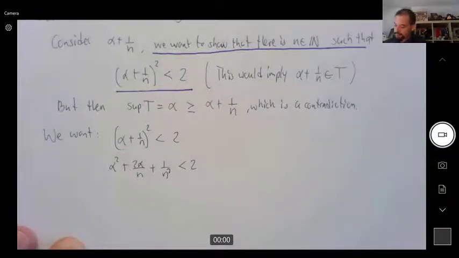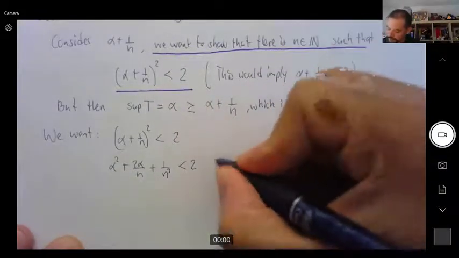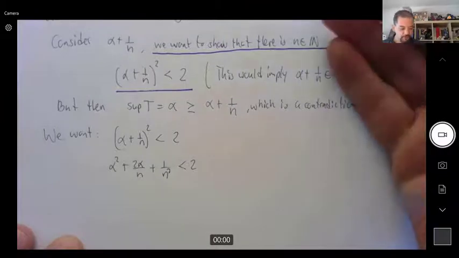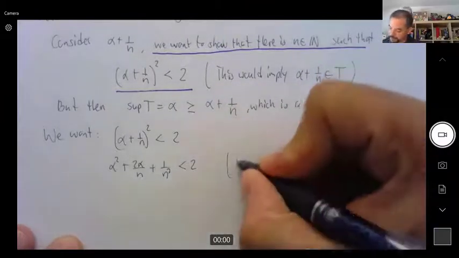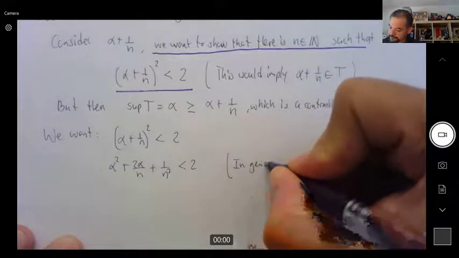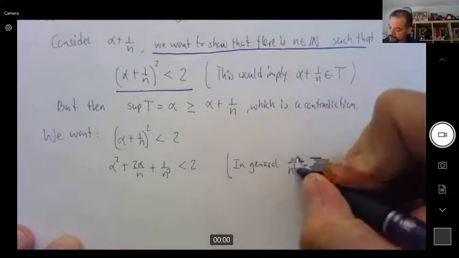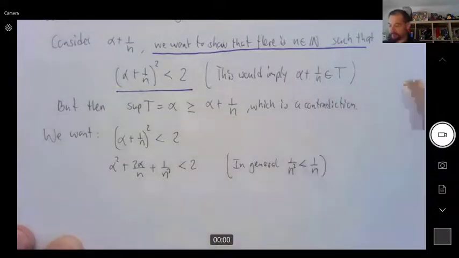And here is a little trick to simplify this expression. In general, 1 over n squared is smaller than 1 over n, because you're dividing by something bigger if n is a natural number.